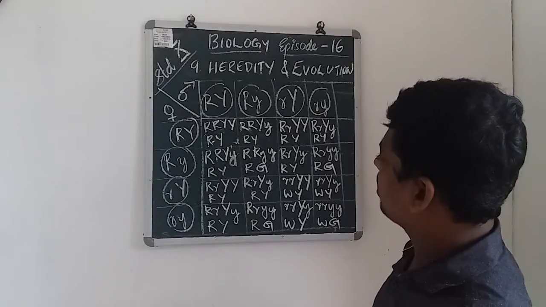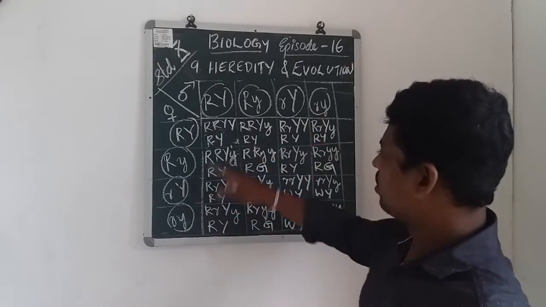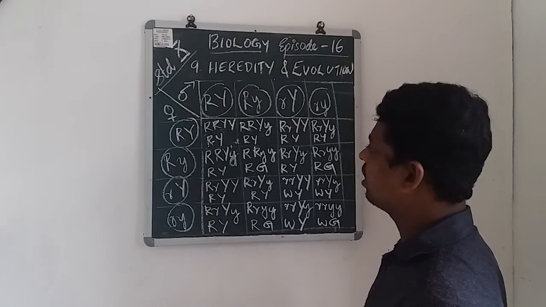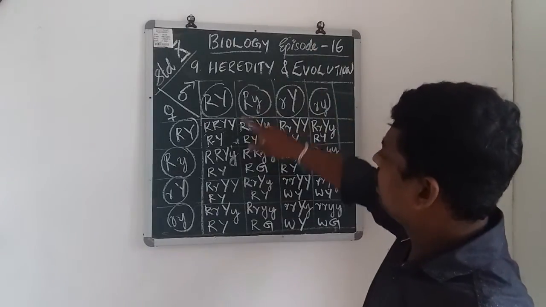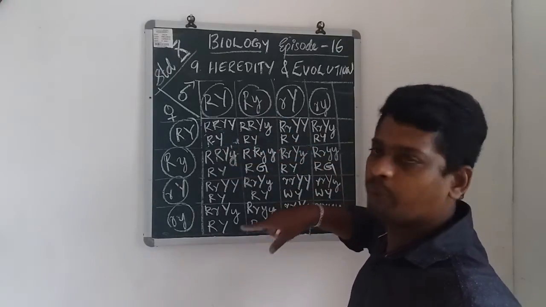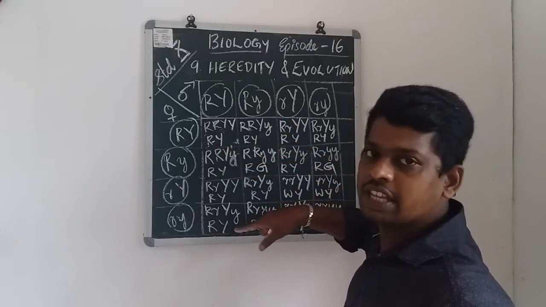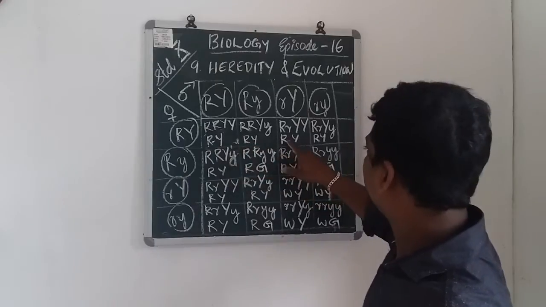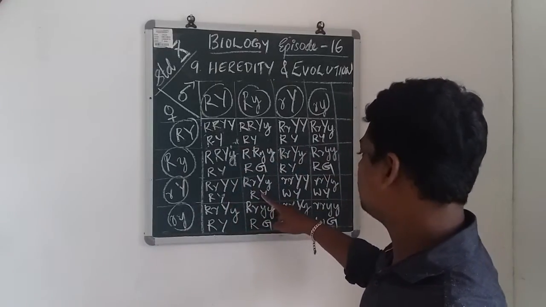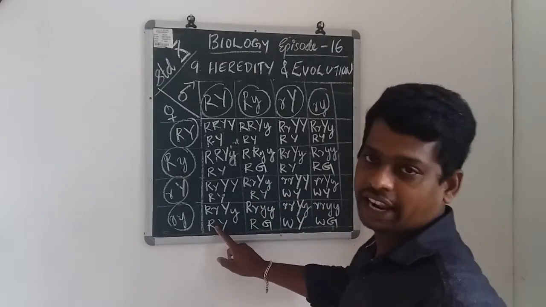Look at this. What is the number of this one? Look, the capital R, capital Y, that means round yellow. These are 1, 2, 3, 4, 5, 6, 7, 8, and finally 9.